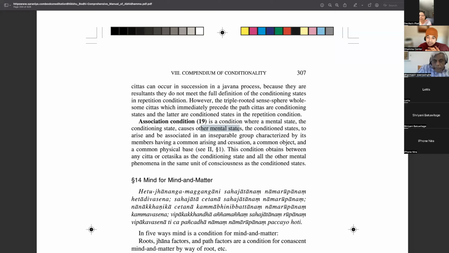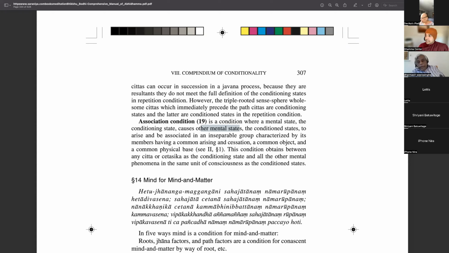This condition obtains between any chitta or chetasika as the conditioning state and all the other mental phenomena in the same unit of consciousness as the conditioned state.